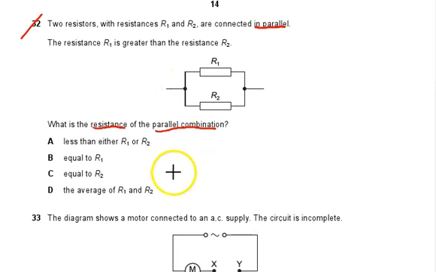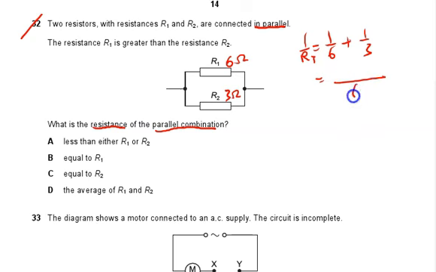So if we have a doubt on this, we just make it like 6 ohm, and here about 3 ohm. Then we do the calculation. For example, 1 over 6, 1 over 3, equals 1 over R total.